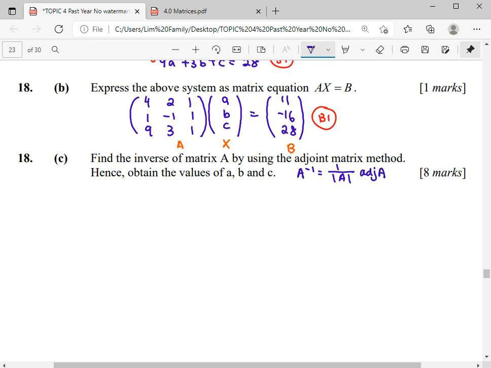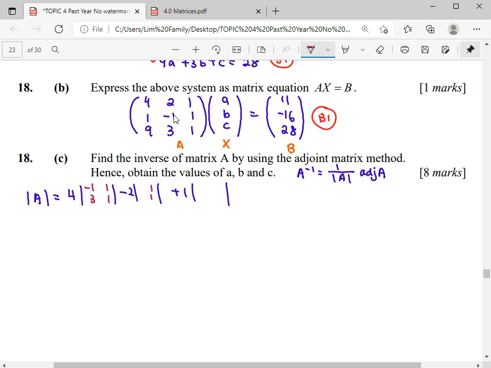First of all, I want to find the determinant of A. We are expanding using the first row. So it will be element 4, minus 2, then plus 1. When we eliminate the first row, because this is A11, position 1, 1, I am left with negative 1, 1, 3, 1.